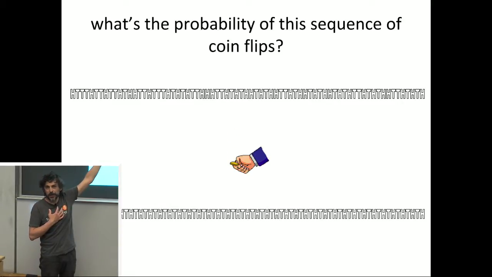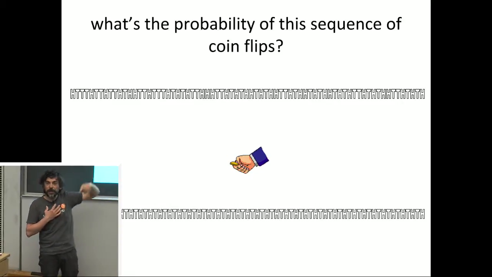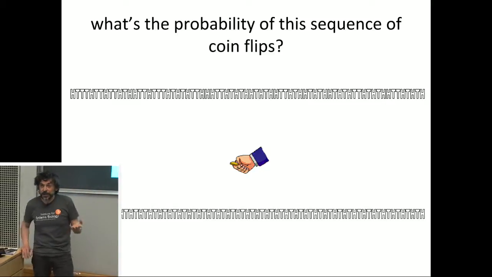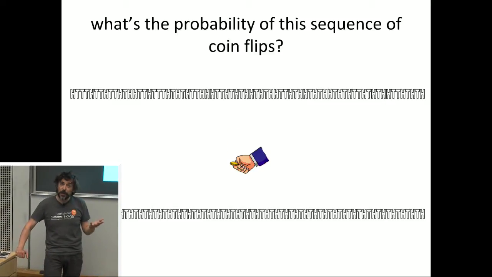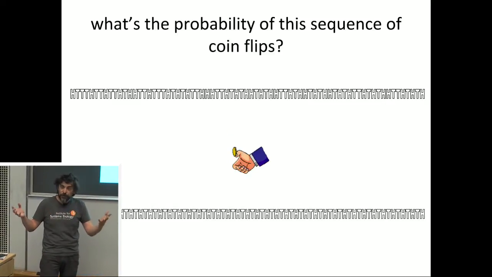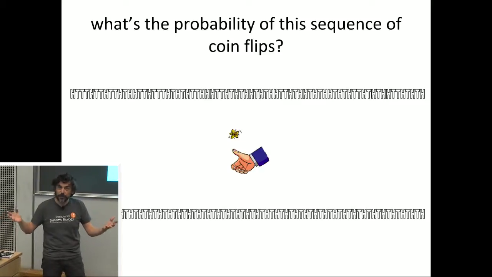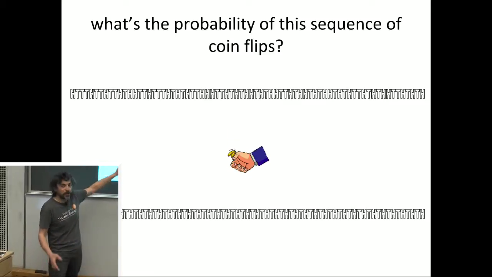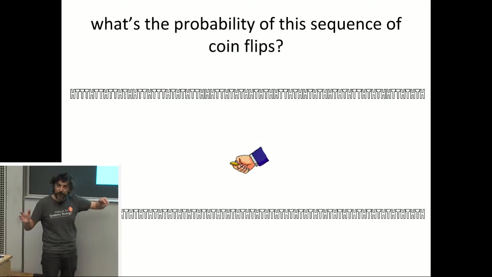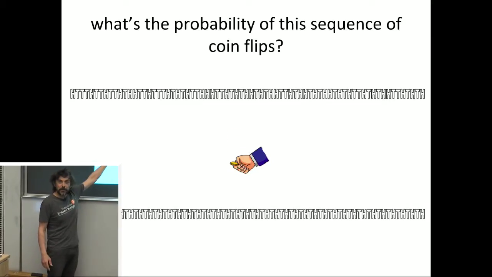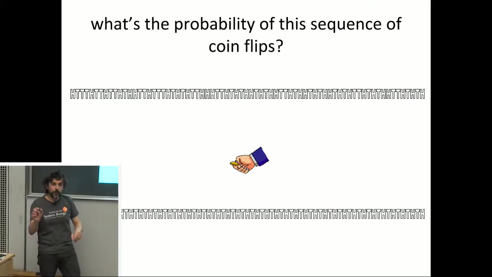Imagine that was just like 1,000,000 digits. Well, if it's really, really random, the shortest program might be print string. You can't really compress it too much, maybe a little, so it'll be roughly the same size as the string. But for this one, if I had 1,000,000 digits of heads and tails, the program would be tiny.